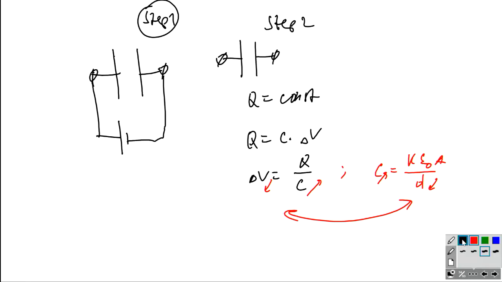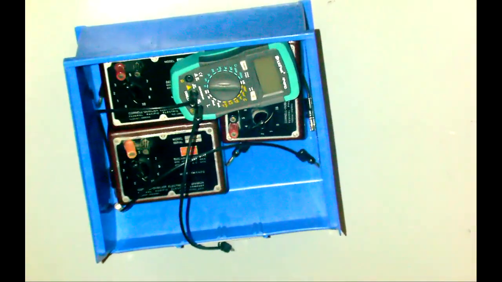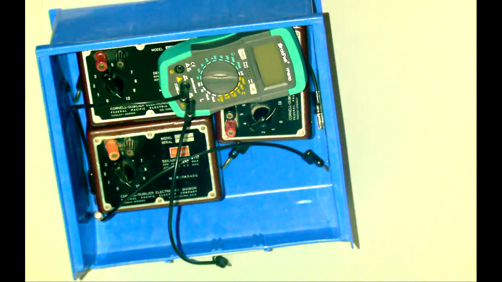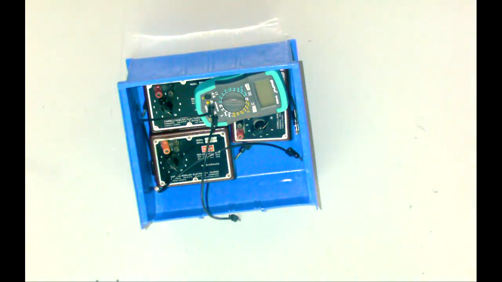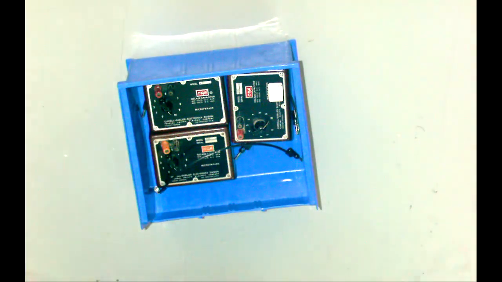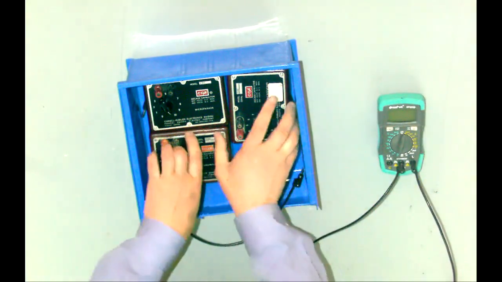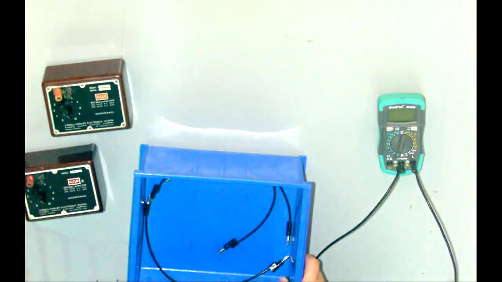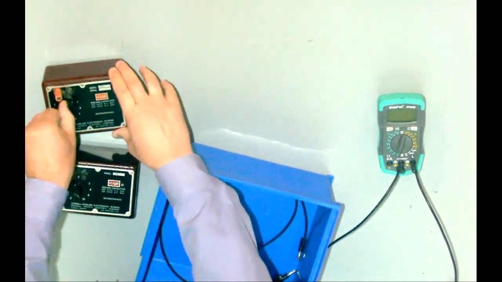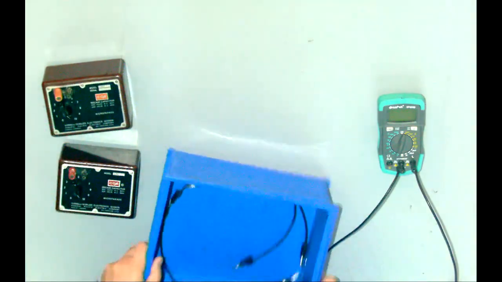Now, of course, in physics, we have devices which can actually measure the value of a capacitor, the capacitance of a capacitor. A simple multimeter, and here we have, well, we call it a decayed capacitor, because we can change its capacitance by just flipping the knob.